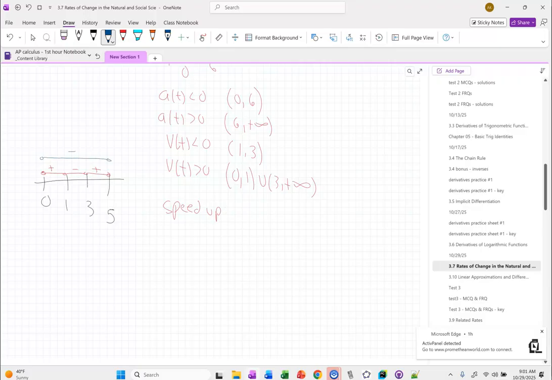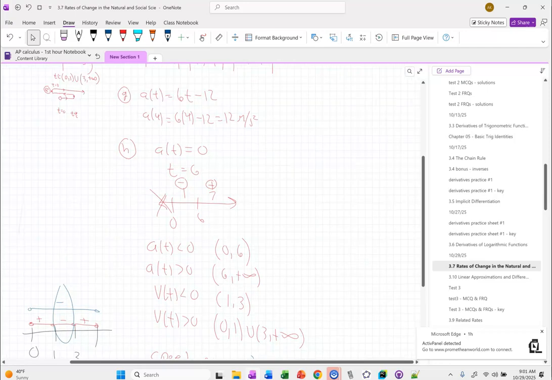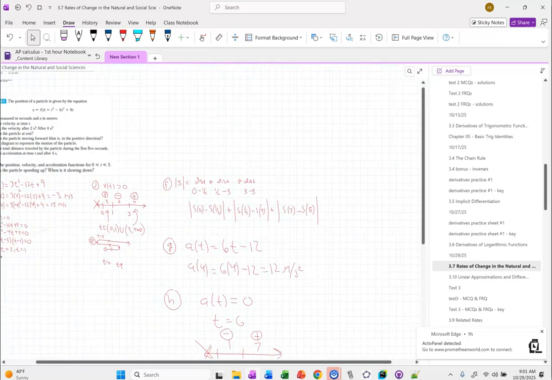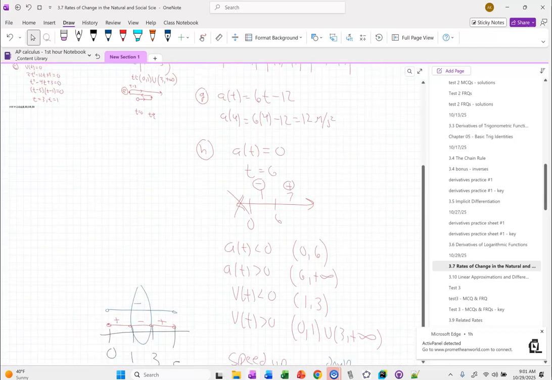That's for acceleration. So where are we speeding up? Just from 1 to 3. Right, because I think it asked only for over 5, right? Oh, no, it didn't. It's period.